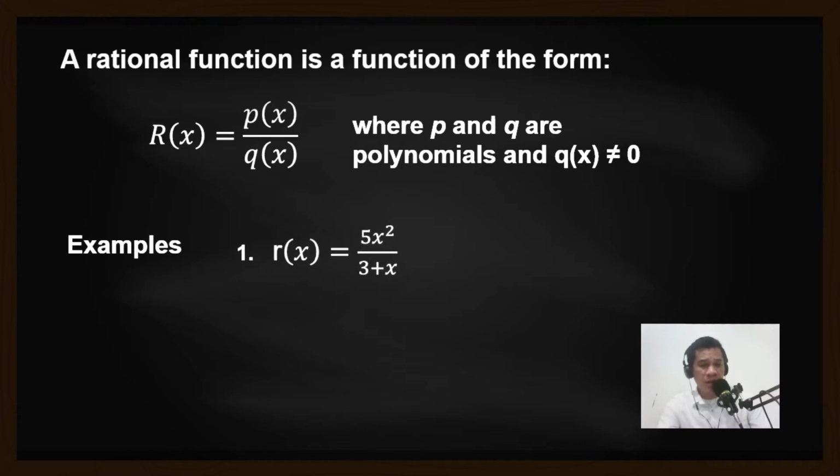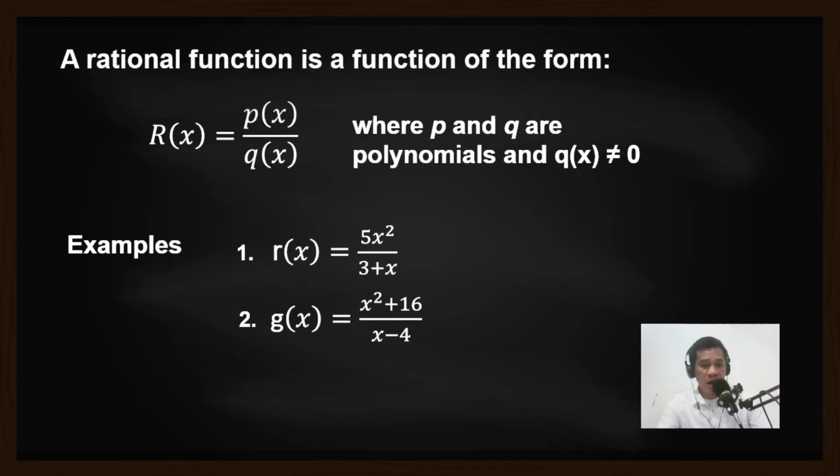Number 1, we have r of x is equal to 5x squared over 3 plus x. Number 2, we have g of x is equal to x squared plus 16 over x minus 4. In number 1, our p of x is 5x squared, and our q of x is equal to 3 plus x.